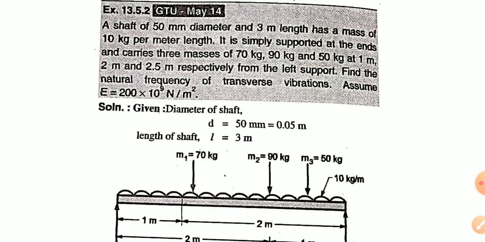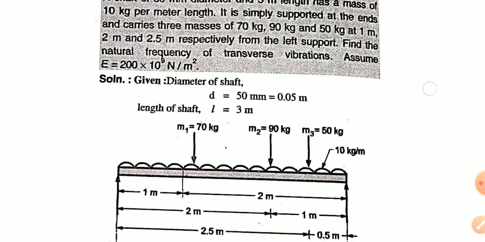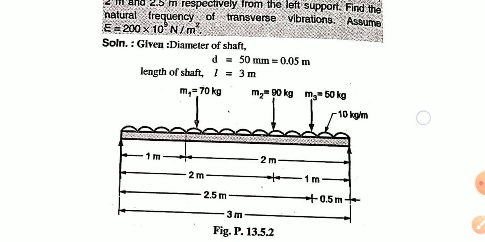Find the natural frequency of transverse vibration. Assume E is 200 into 10 raised to 9 Newton per meter square.